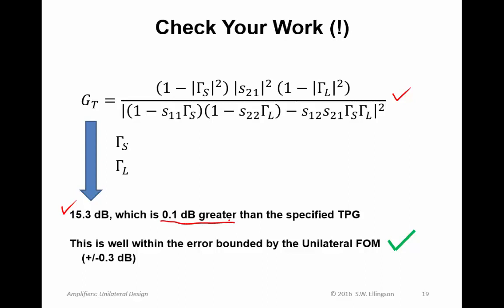So at first it appears there's some error there, but we were expecting that. We were expecting that because the error, which was indicated by the unilateral figure of merit that we computed, was plus or minus 0.3 dB. So no surprise, it's a little bit different from what we specified. We knew that that was likely to happen. And it's within the bound that we computed earlier.